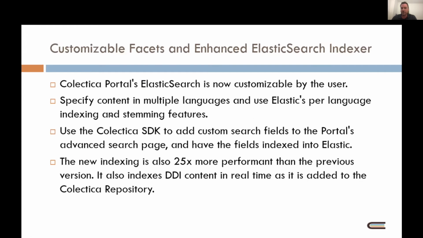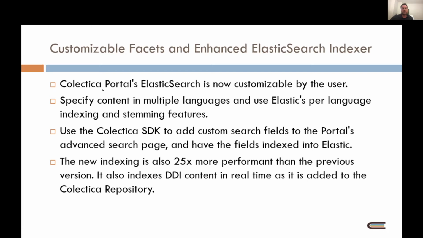Next feature for Colectica 6.2 again, customizable facets and enhanced Elasticsearch indexer. So Colectica Portal's Elasticsearch is now customizable by the user. You can specify content in multiple languages and use the Elastic's per language indexing and stemming features.